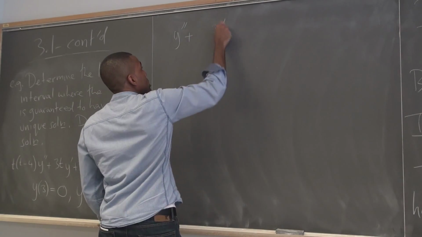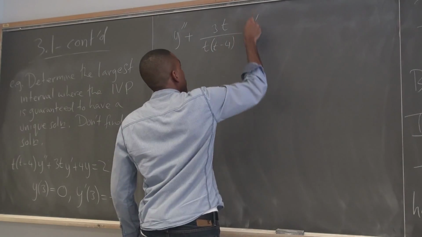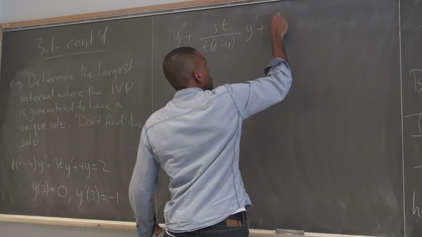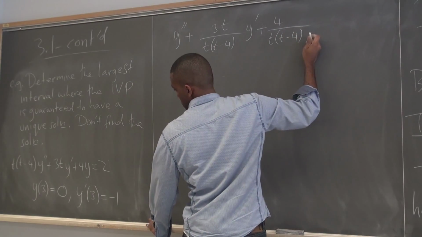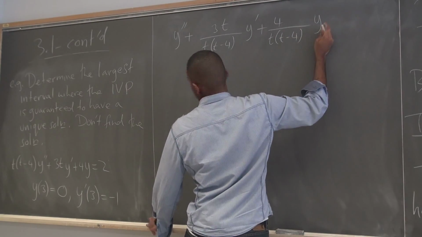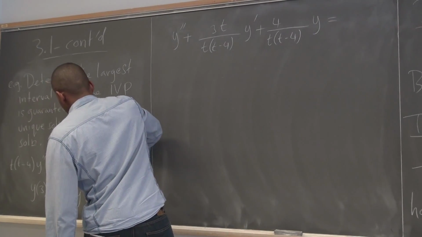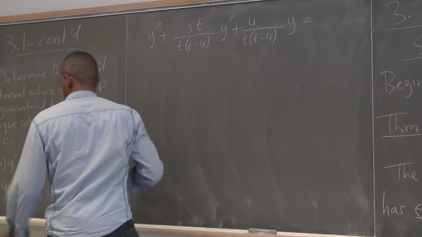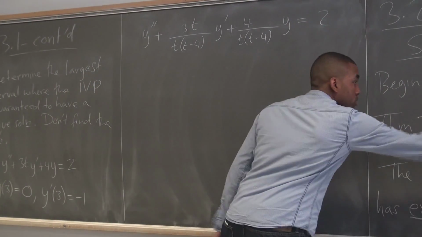Plus 3t over t times (t minus 4) y prime. We cancel the t's, right? I can cancel the t's here. Did I say 2? Well, it actually doesn't matter, 2 or 0, because we can have g of t over that side.